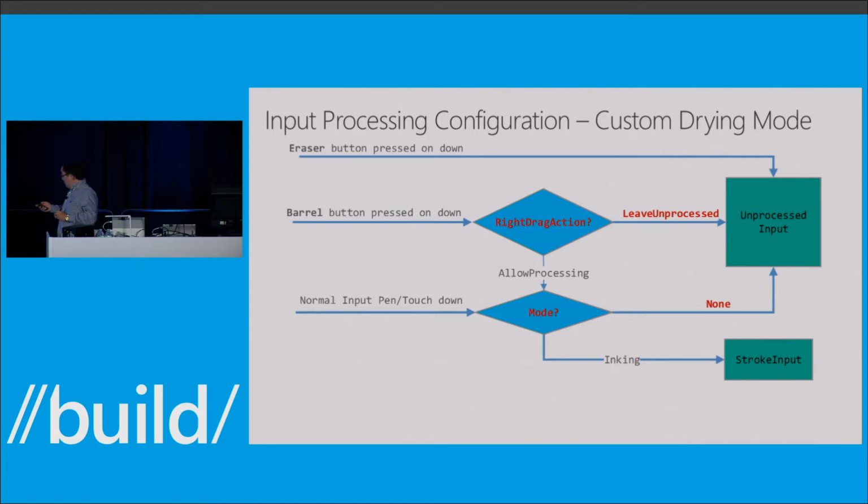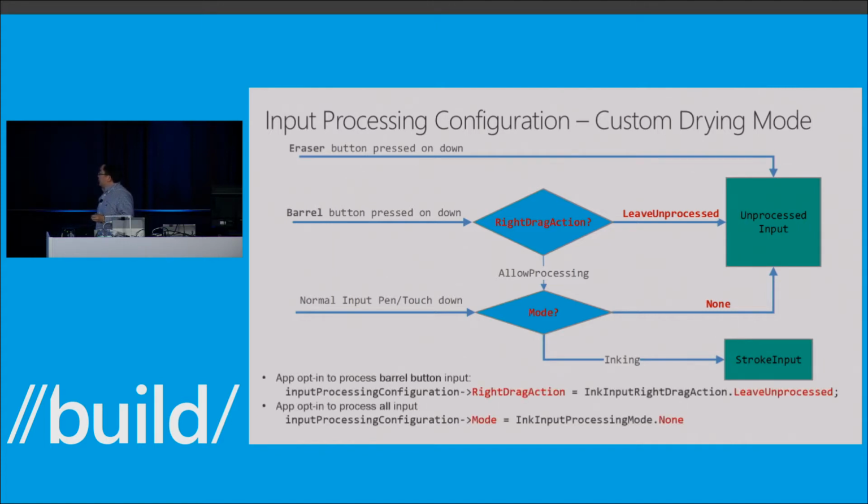And as I mentioned earlier, when you push the eraser button, there's no built-in erasing support, and you can get those as unprocessed input. You may wonder, how do I have better control of the input processing? There are two ways.